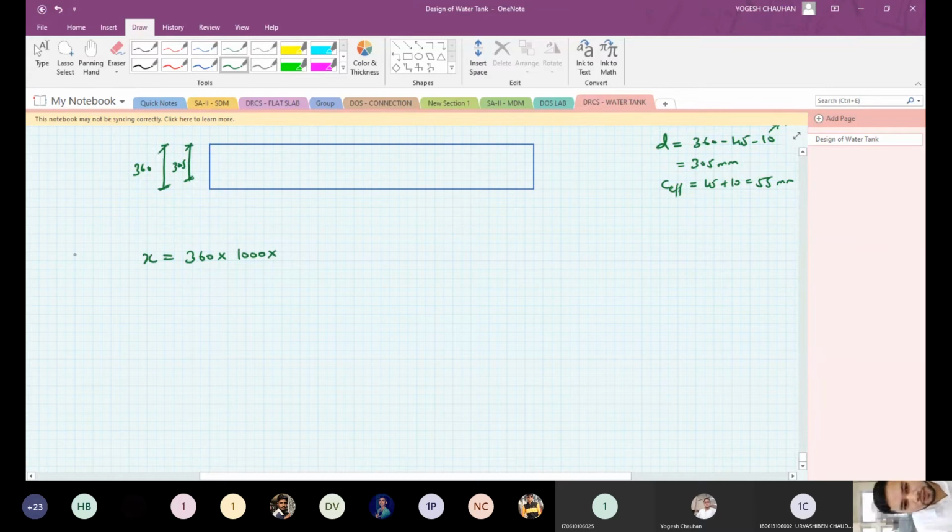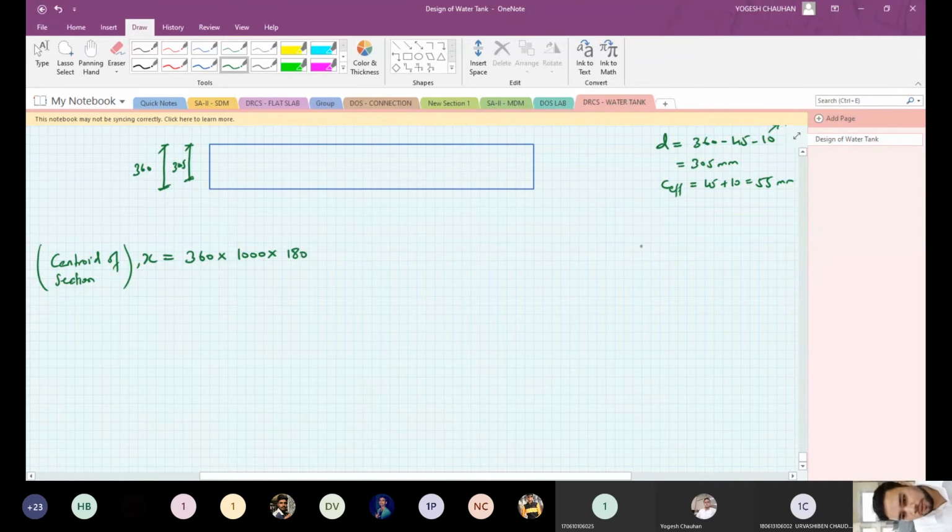We have to find the centroid of the section. The centroid of section x is equal to 360 into 1 meter into half of the depth, that is 180.